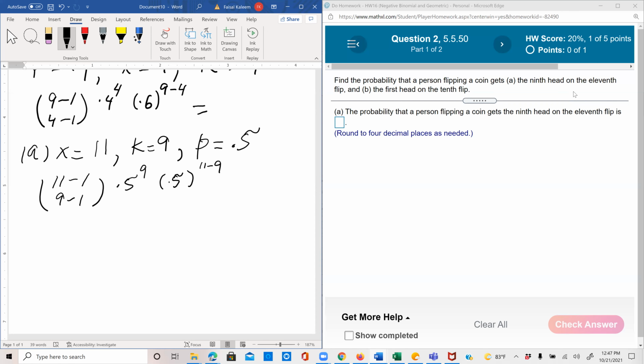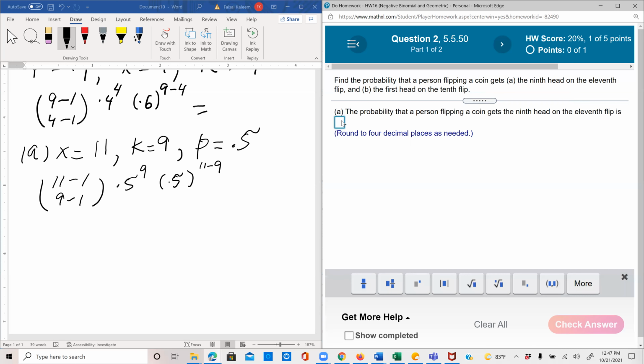And let's see, 10 combination 8 is the same as 10 combination 2, which is 45, times 0.5 power 11, basically. 0.0220, so 0.022.